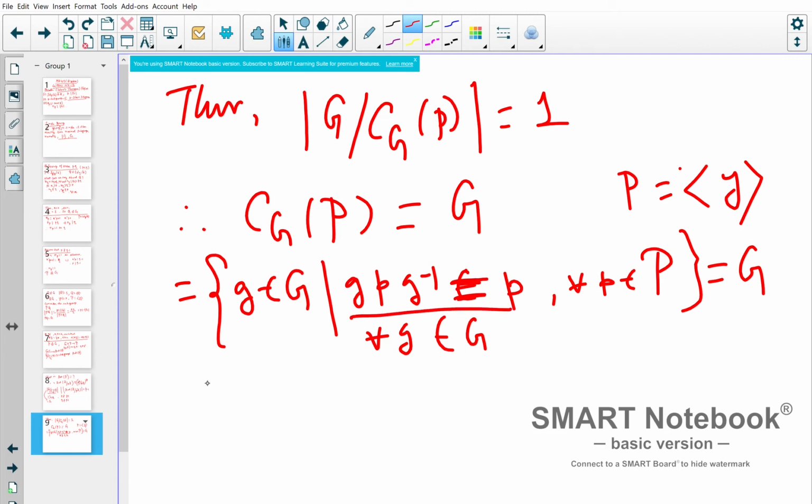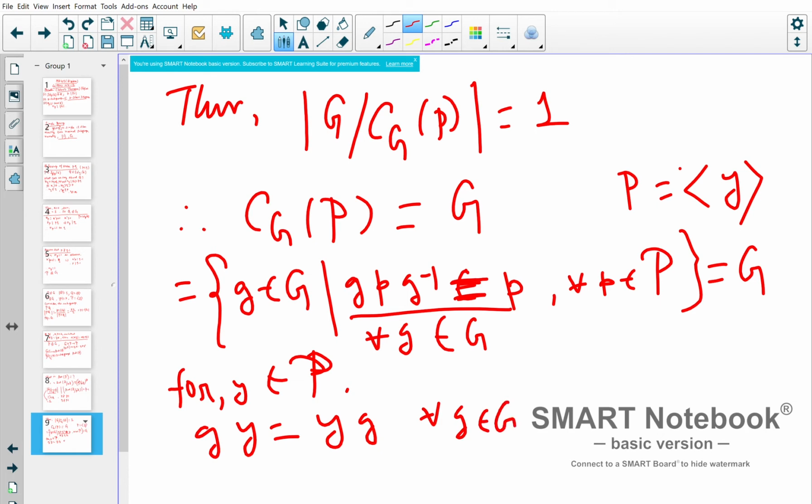So in particular for y belongs to P, g times y equals y times g for all g belongs to G, right? So what does that mean? That means y belongs to the center of the group. y commutes with everything, right?